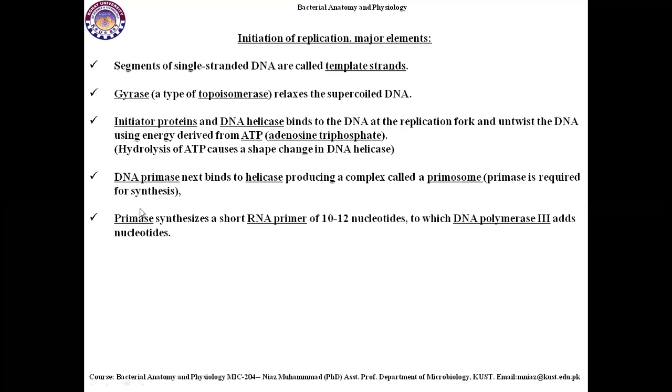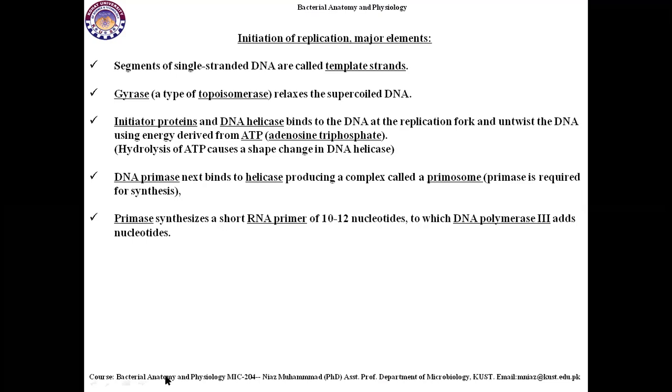So here we have to clear that the initiation will be started by primase because it will form a small RNA, a short RNA primer of 10 to 12 nucleotides, because it will provide a free hydroxyl site for binding of the coming nucleotides.